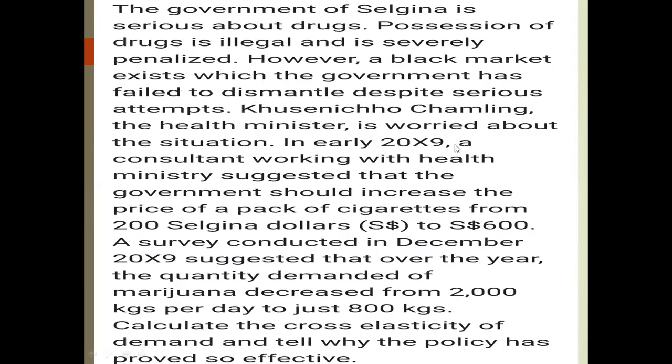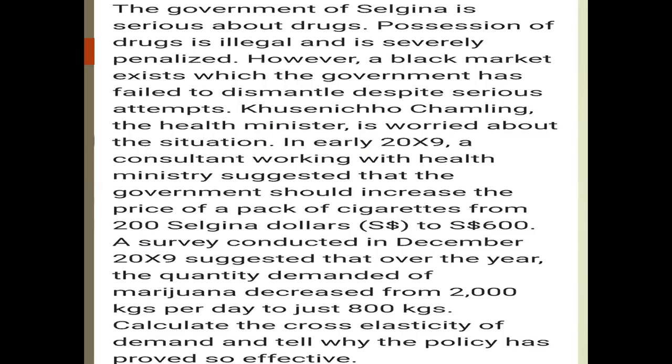In early 2019, a consultant working with the health ministry suggested that the government should increase the price of a pack of cigarettes from 200 Selizna dollars to 600. A survey conducted in December 2019 suggested that over the year, the quantity demanded of marijuana decreased from 2000 kgs per day to 800 kgs. Calculate the cross elasticity of demand and tell why the policy has proved successful.